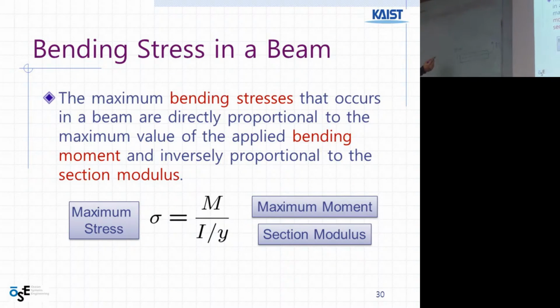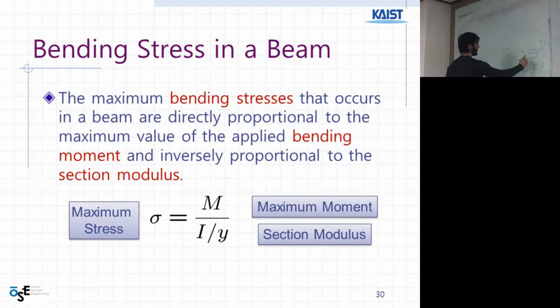The formula is for the maximum stress, but it can be generalized for bending stress and stress generated under bending. It can be written this way as well. At the neutral axis, there is no stress or strain, and this is the deformed case.